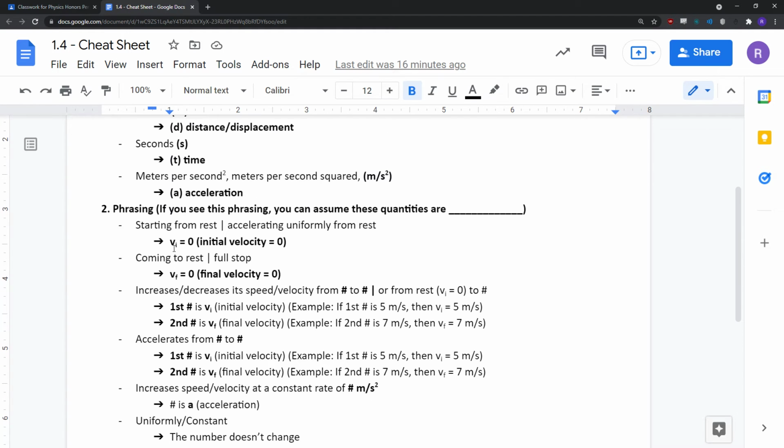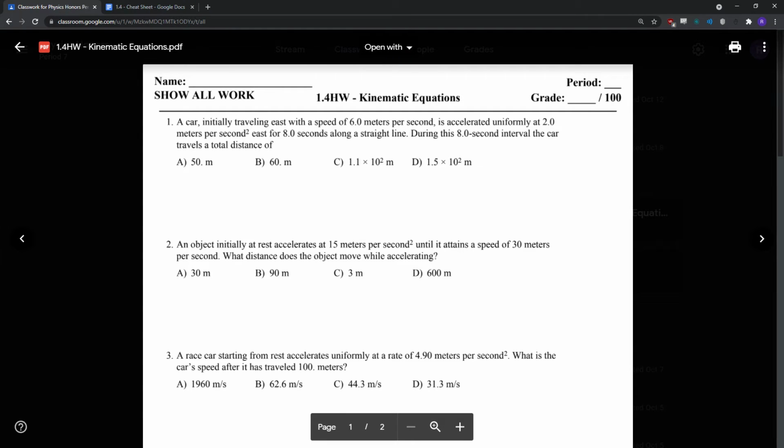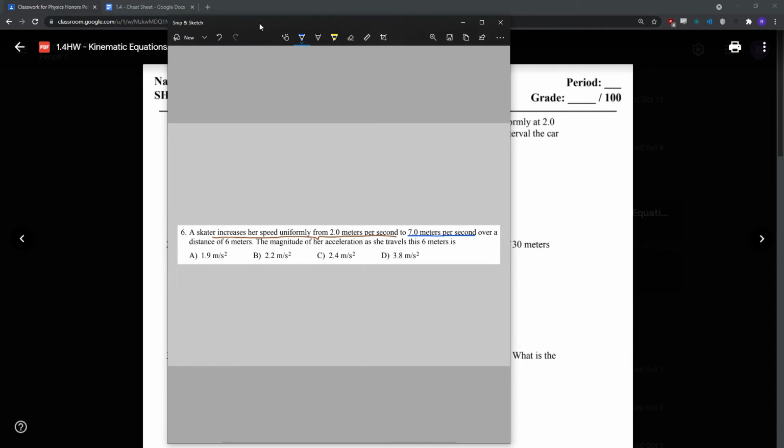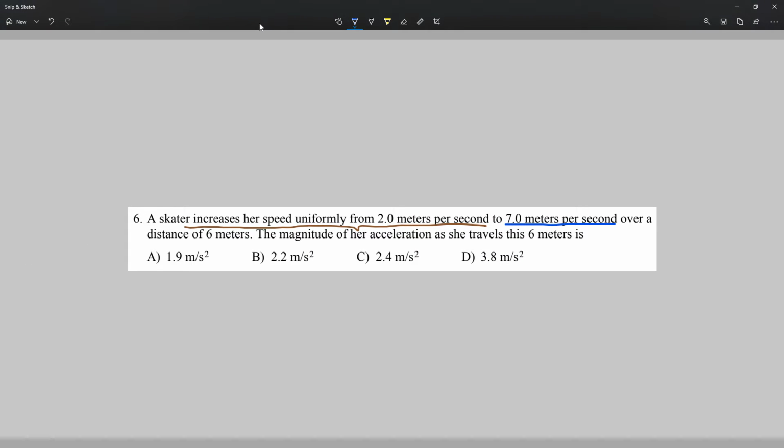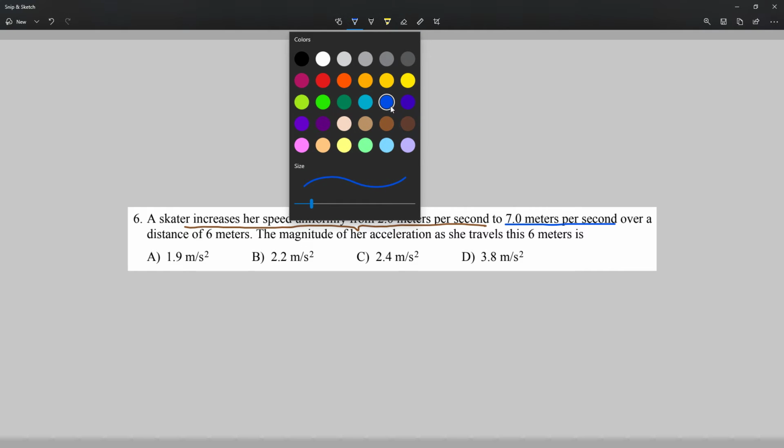Let's look at the third phrasing: increases or decreases its speed from number to number. If you have these two numbers, the first is your initial velocity and the second is your final velocity. It only makes sense. We know we're going from one speed to another, so from initial to final.